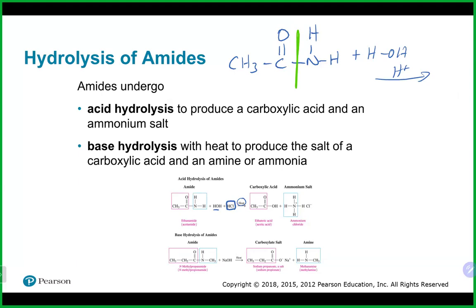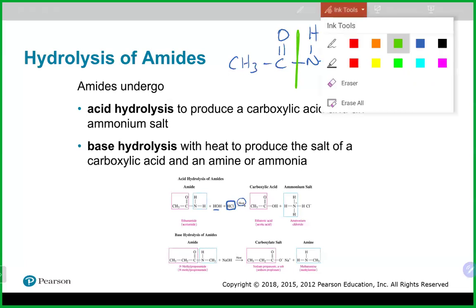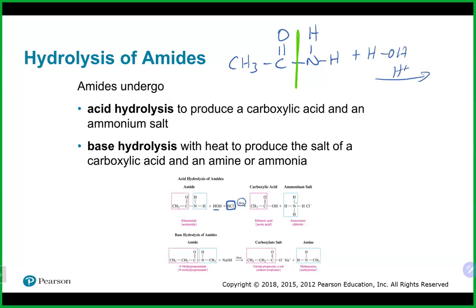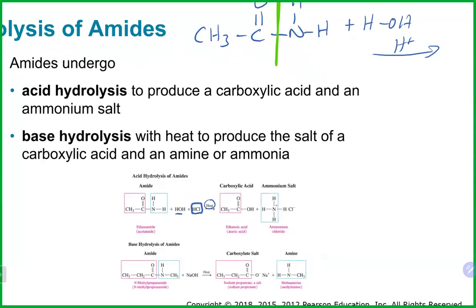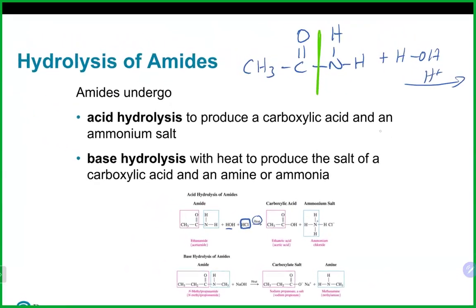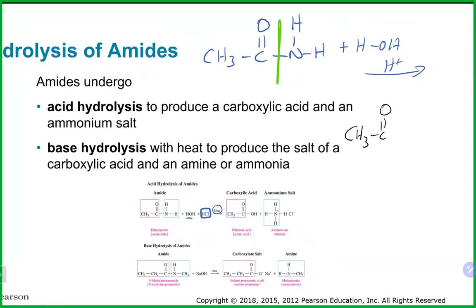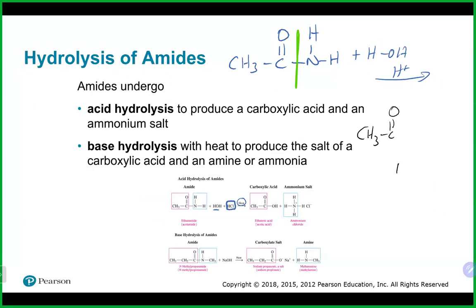And we're going to end up with, as you can see there, the carboxylic acid back. I think we'll get this part here, and I'll go underneath with our other part, obviously, here.